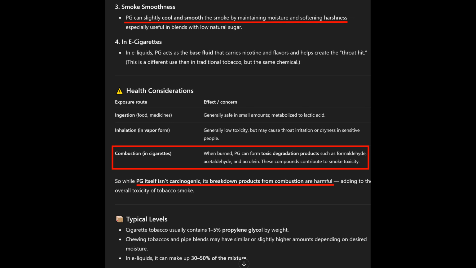Propylene glycol, PG, can slightly cool and smooth the smoke by maintaining moisture and softening harshness. When it comes to combustion, it can form toxic degradation products. These compounds contribute to smoke toxicity. While PG itself isn't carcinogenic, its breakdown products from combustion are harmful. It's important to know these things.